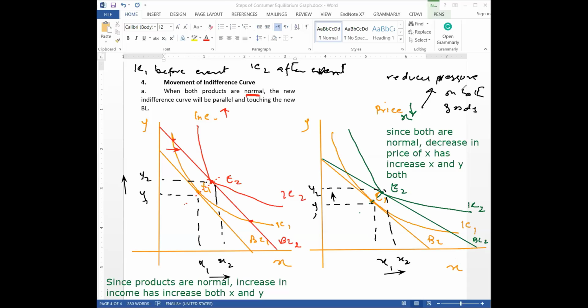So he can save some of the money from X to buy Y. So that's why Y has increased. So this is the case when the products are normal.